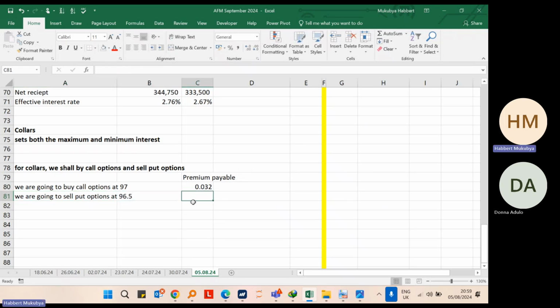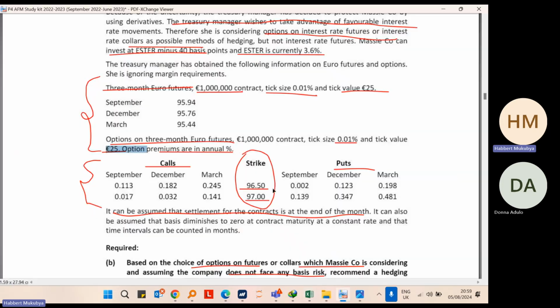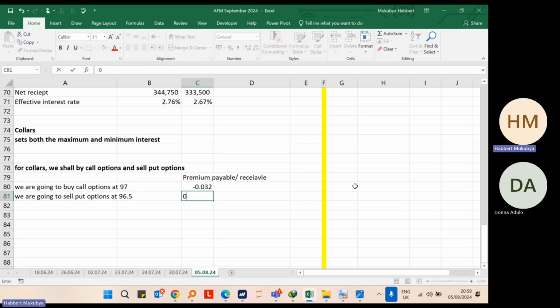So what is the premium? This is the premium payable or receivable. So payable, I'm going to make it a minus. So if I'm selling put options of 96.5, the premium is 0.123 that I'm receiving.